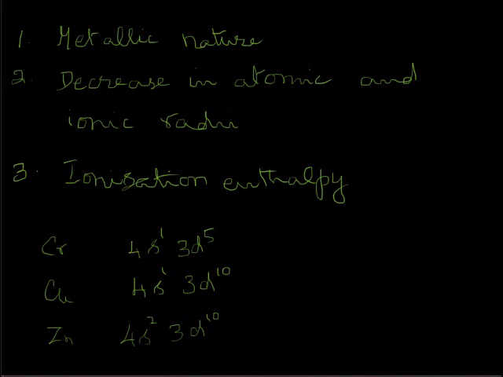That is, we have discussed generally about their metallic nature, and we have seen and also given reason for the decrease in the atomic and ionic radii of the transition elements, and the change in the ionization enthalpies of the transition elements as we move from left to right.